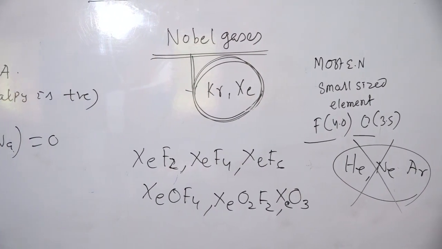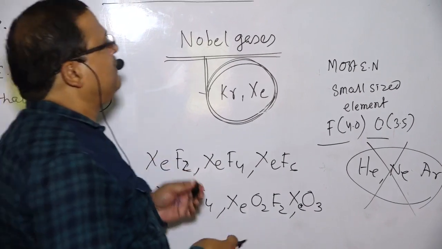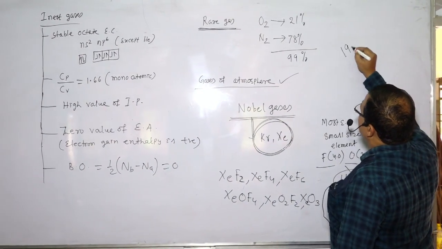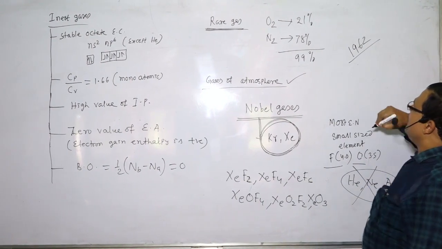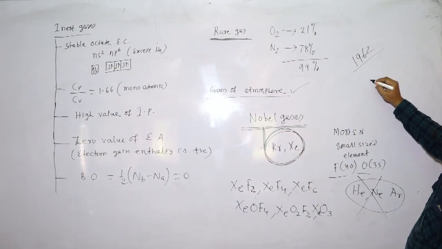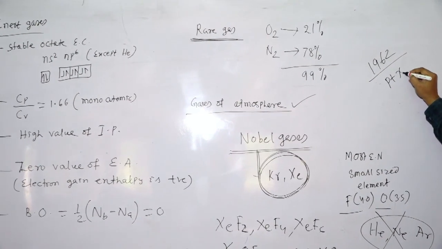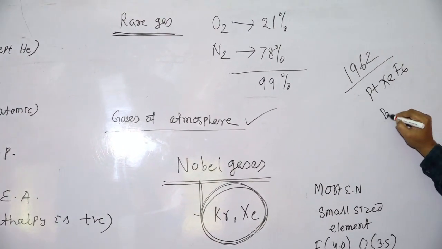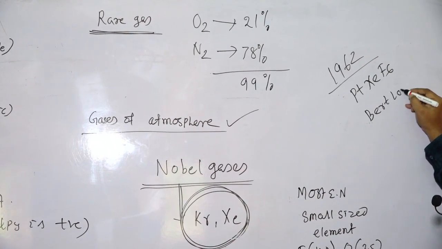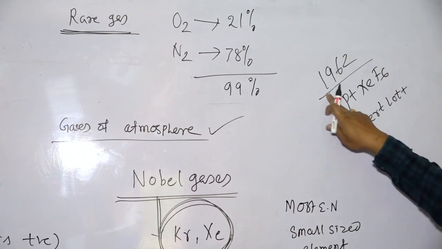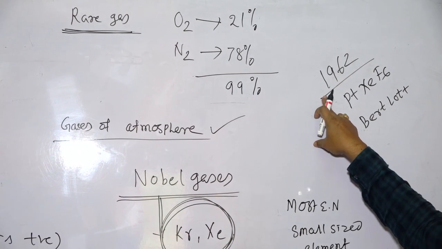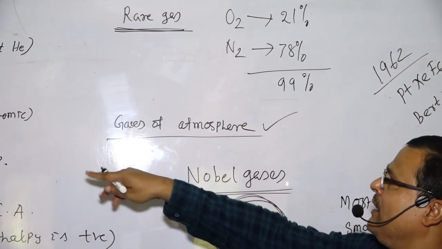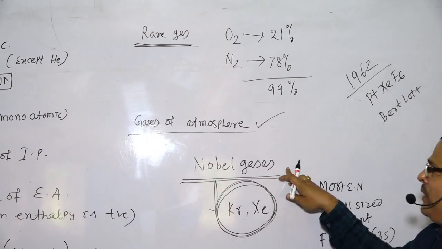The first xenon compound to be detected was in 1962, that is PtXeF6 by Bartlett. So we have discussed that these are the inert gases. Still, why the term noble gases?